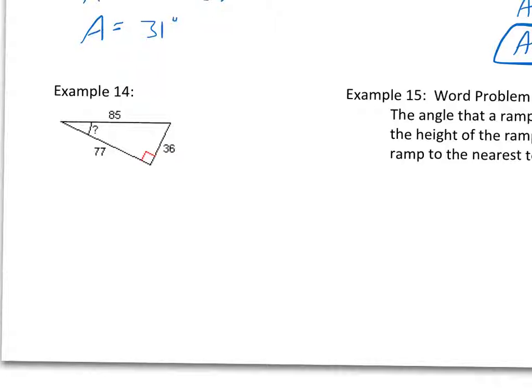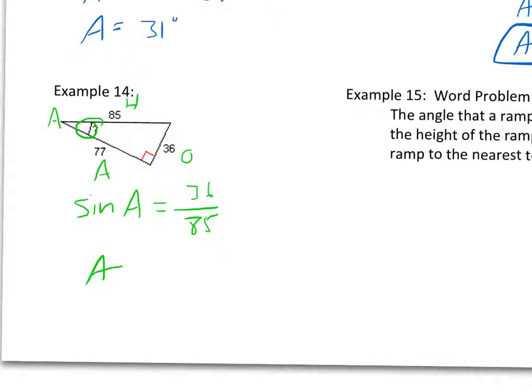Our last two questions. In this one, we actually have quite a few choices because we are given the hypotenuse, and if we're looking from here now, we're given the opposite and the adjacent. So you could pick any of them. I'm just going to default to sine. Sine of, I'm going to call this angle A, is equal to opposite, which is 36, over hypotenuse, which is 85.